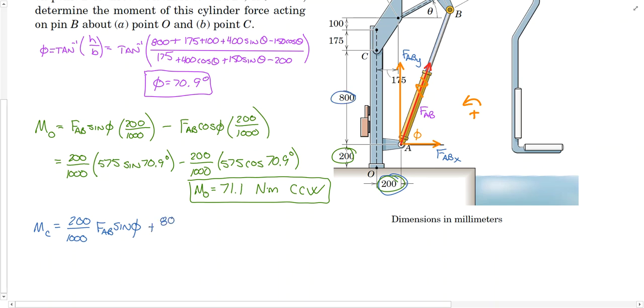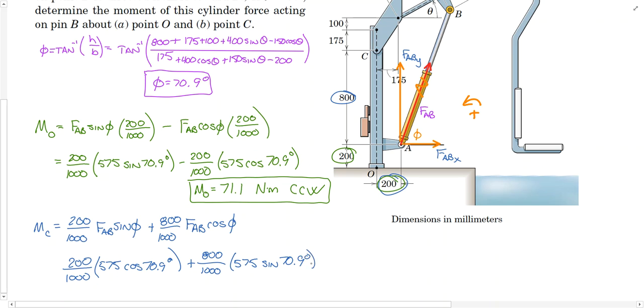So plus 800 divided by 1,000 FAB cosine of the angle. So we can substitute 200 divided by 1,000 times 575 cosine 70.9 degrees, and then plus 800 divided by 1,000 times 575 sine 70.9 degrees. And if we add these two quantities together, we'll find that the moment around point C is equal to 259, it's positive, Newton meters counterclockwise.